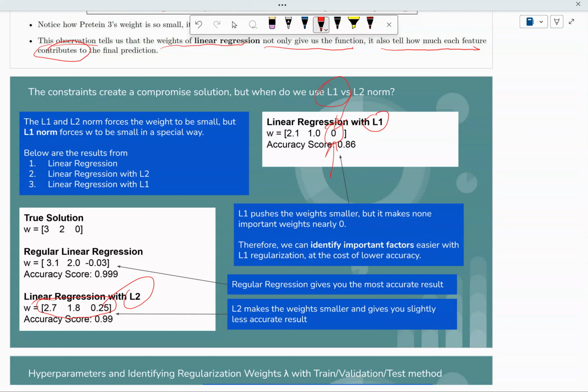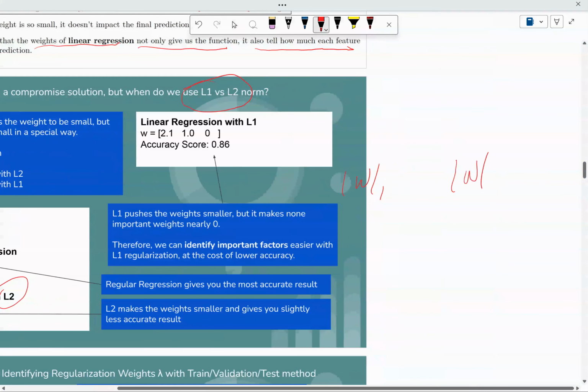Now, this is why elastic net comes in. Elastic net allows you to control the importance between L1 norm and L2 norm, because elastic net has both. So you can control them with lambda 1 and lambda 2.